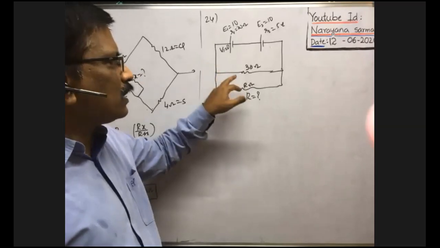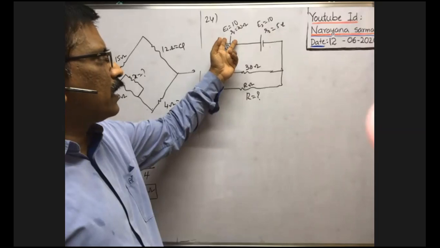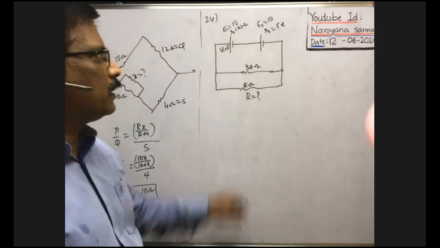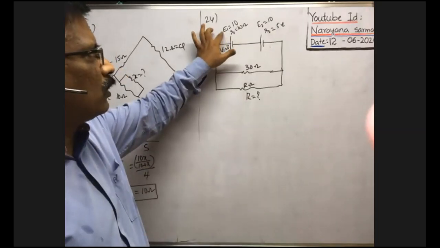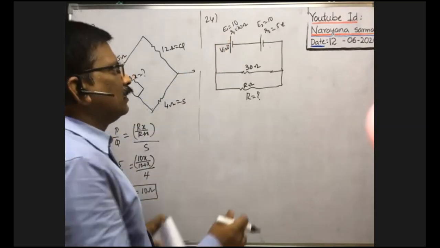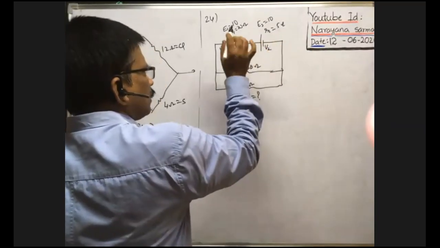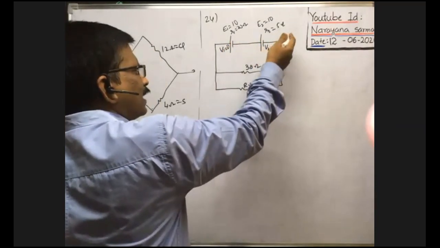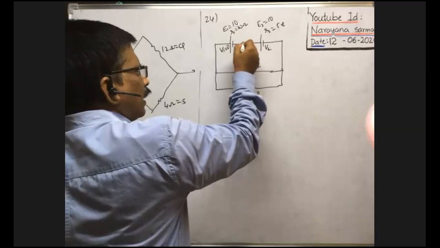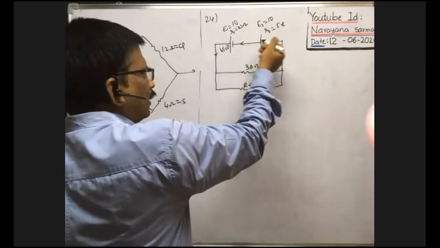Then what is the value of R, so that the potential difference between the two terminals of the cell is equal to 0? That means EMF is 10 volt, but the potential difference between the two terminals of the cell is 0. Here the potential difference across this is V2, across this is V1. As the two cells are in series, the two cells send the current in the same direction.